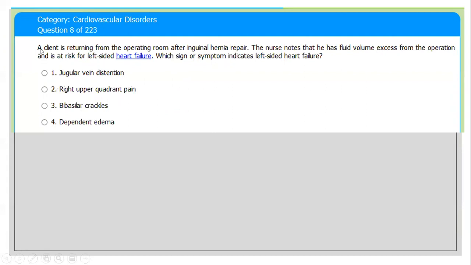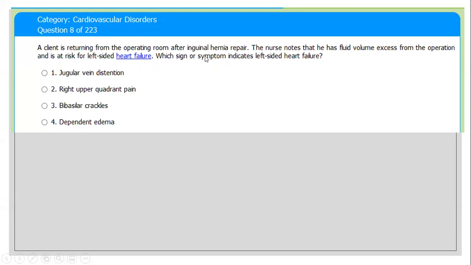Next question. A client is returning from the operating room after inguinal hernia repair. The nurse notes that he has fluid volume excess from the operation and is at risk for left side heart failure.